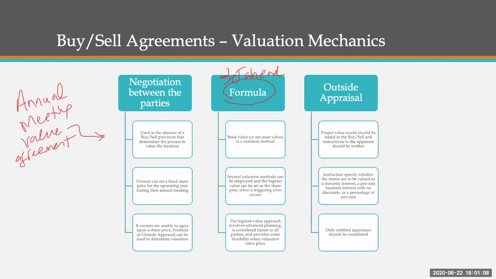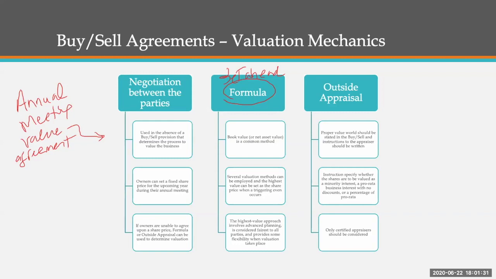Outside appraisal is where you're finding an outside objective appraiser to come in, look at the books, look at the company, and come up with a value. And with the outside appraisal, it's very important that the company puts a lot of things in writing beforehand when they've determined that there will be an outside appraisal.